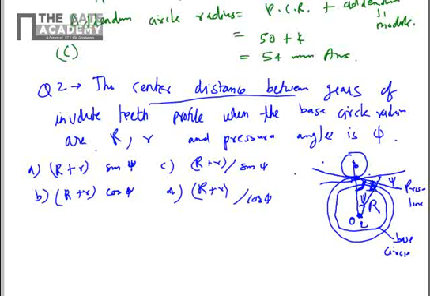So from this triangle, you can get the distance between O2 and P. The pitch point distance O2P is equal to R by cos psi.